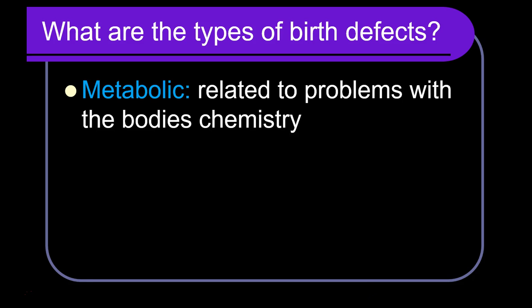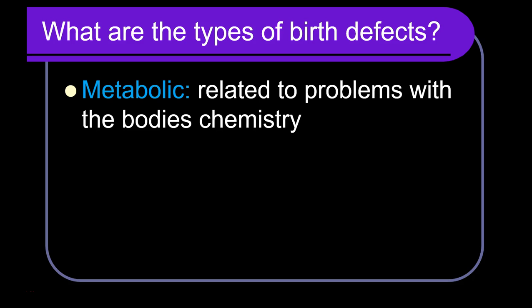The last kind is a metabolic birth defect, and basically that is just related to problems with the body's chemistry. So a metabolic defect is not outwardly noticeable, but it usually involves some sort of process or chemical pathway, such as the removal of waste. So primarily this kind of birth defect affects the metabolism and the body's ability to turn food into waste.